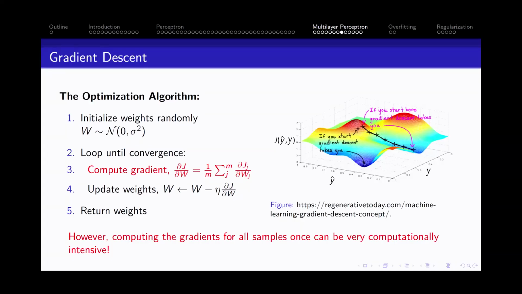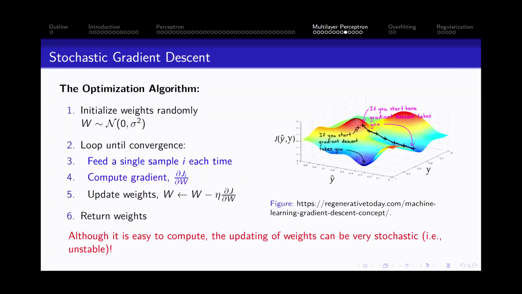But with gradient descent, because we calculate this gradient for all training examples, it is computationally intensive and super slow. For this reason, people replaced regular gradient descent with stochastic gradient descent.